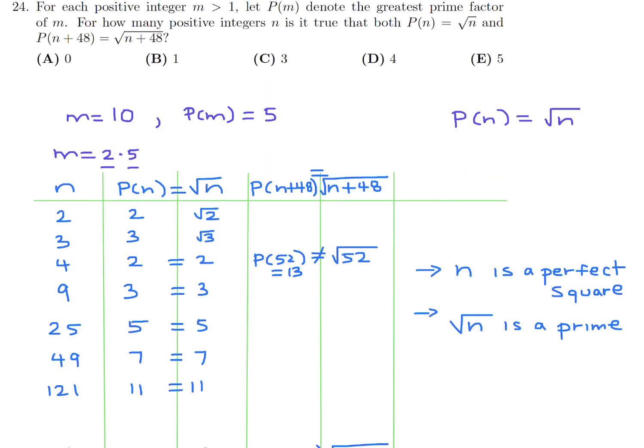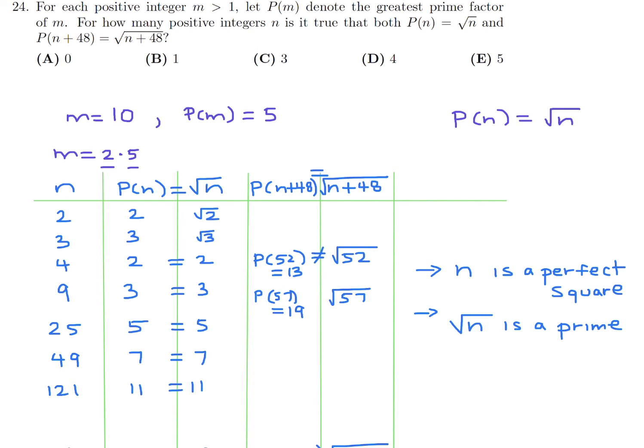Let's see what we get if we continue with this list. If n is 9, we would get P of 9 plus 48, which is 57. And since 57 is 3 times 19, the greatest prime factor is 19. Now what about the square root of n plus 48? Well, that's root 57, and that's obviously not equal to 19. Okay, let's continue with n equals 25.